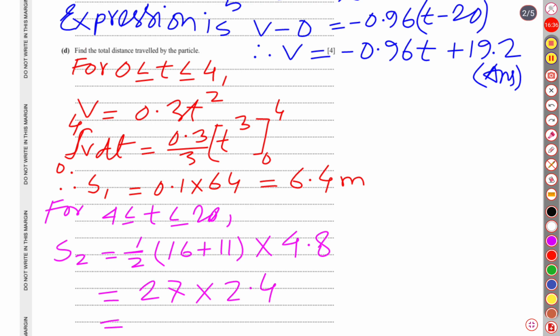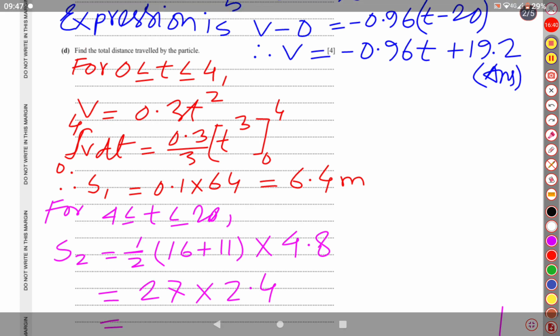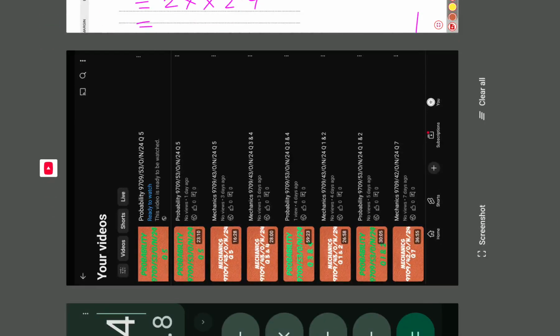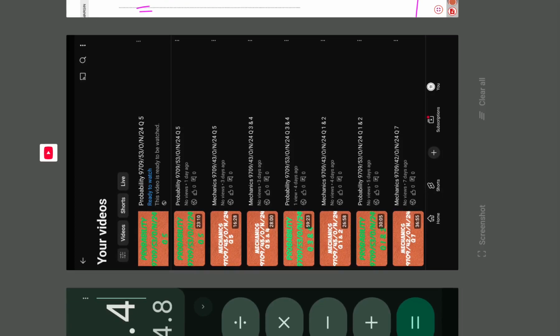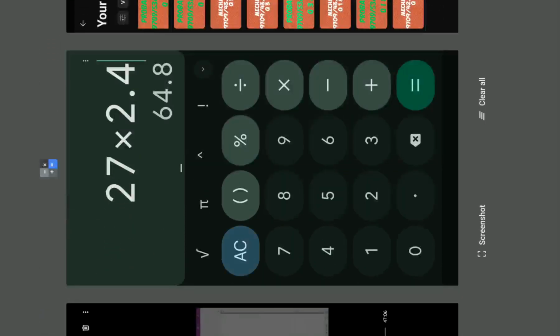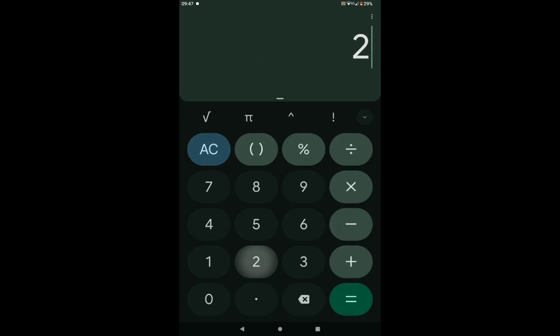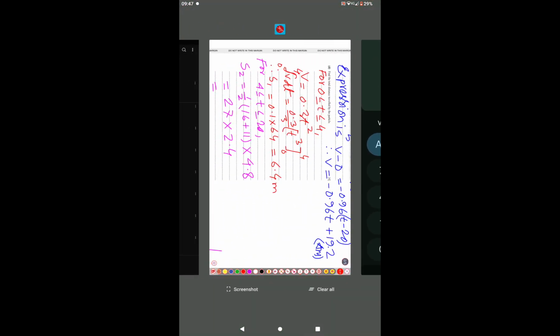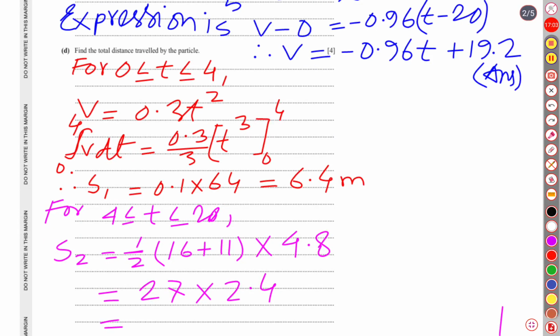Let us multiply 27 into 2.4, which gives 64.8.